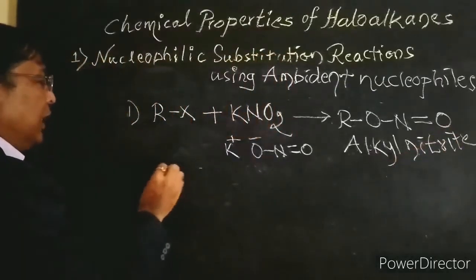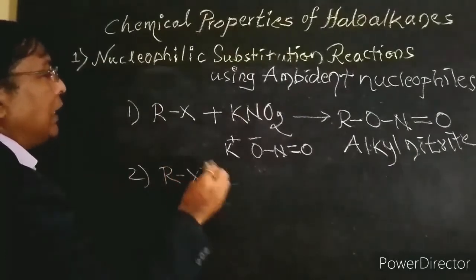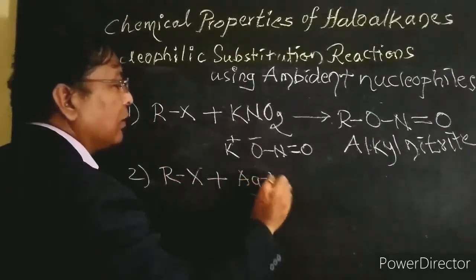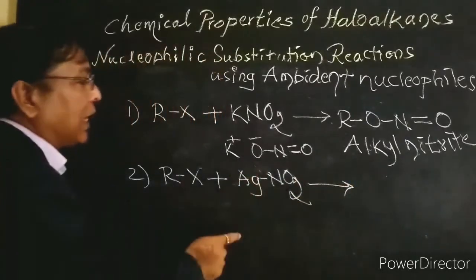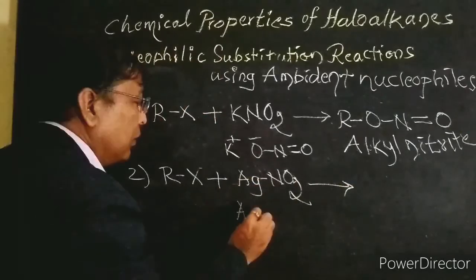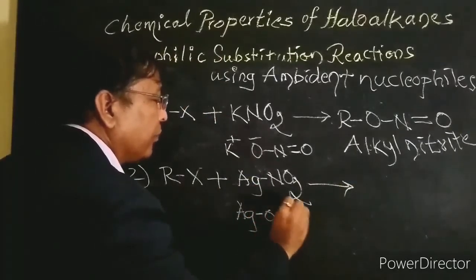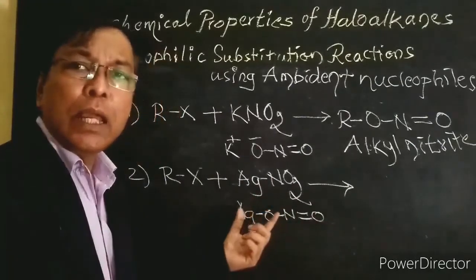And if we use alkyl halide and react it with silver nitrite, here silver nitrite is a covalent compound.